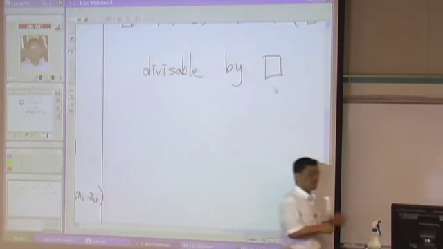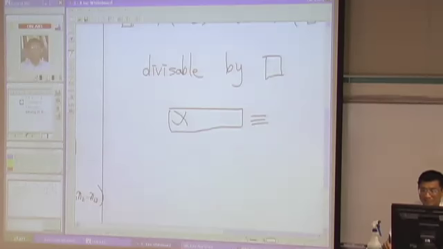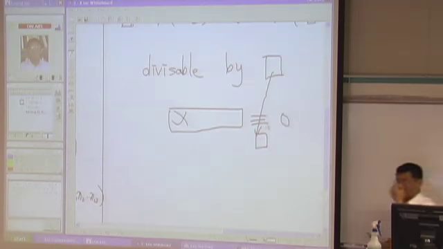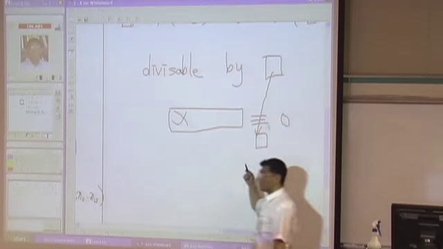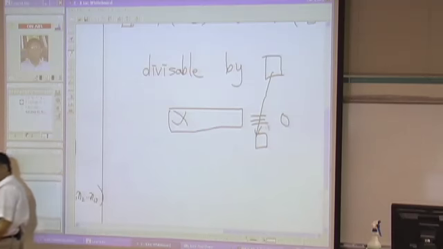Then what should you do? You should say that some statement is congruent to 0 with this. So this is the technique that you need to use. In other words, divisible should be converted to equations, equal to 0 with mod. This is the technique you need to use.